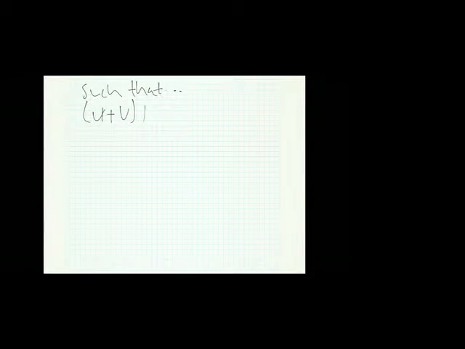Here I have (u plus v) plus w. So the parentheses mean order of operations is the same as u plus (v plus w). Then v plus w is the same as w plus v. We have something that plays the role of 0.